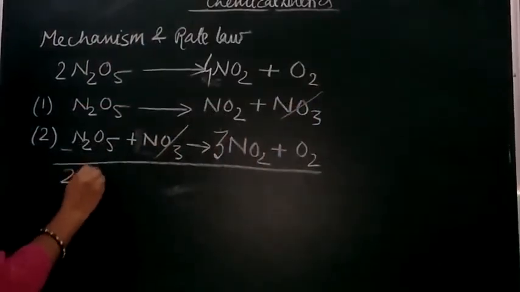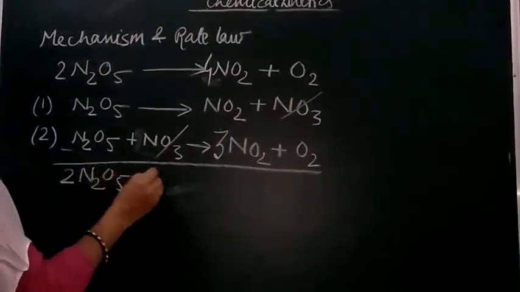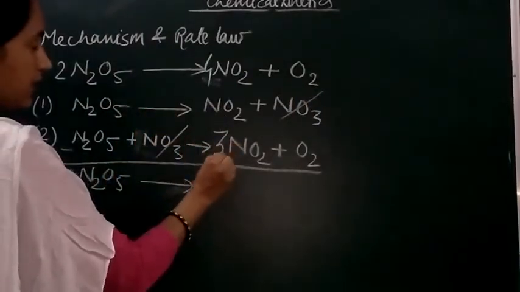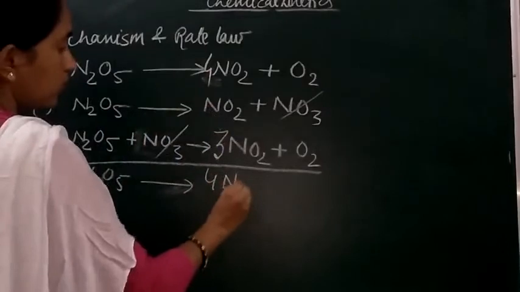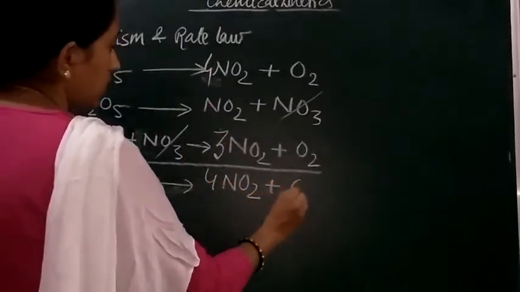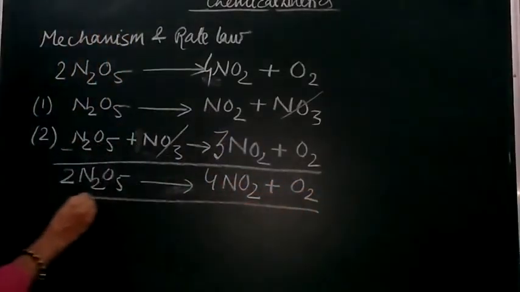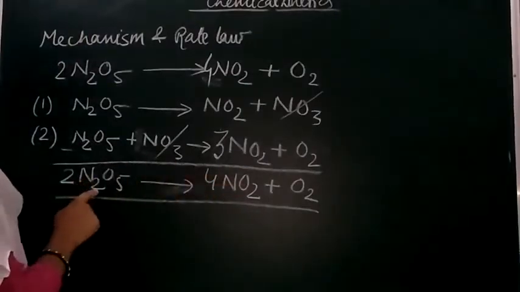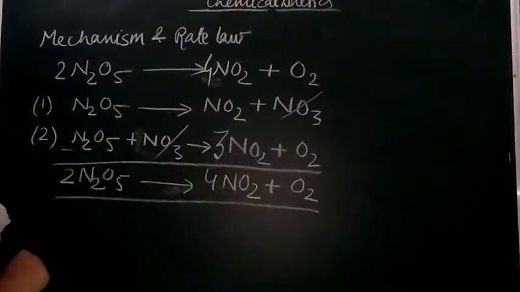We will get 2N2O5 gives 3 plus 1, 4NO2 plus O2. Right, 2N2O5 gives 4NO2 plus O2.